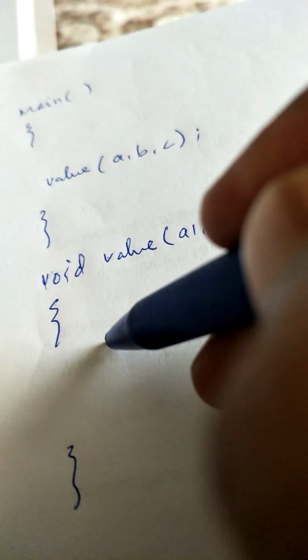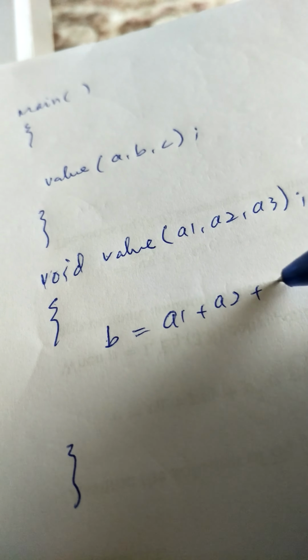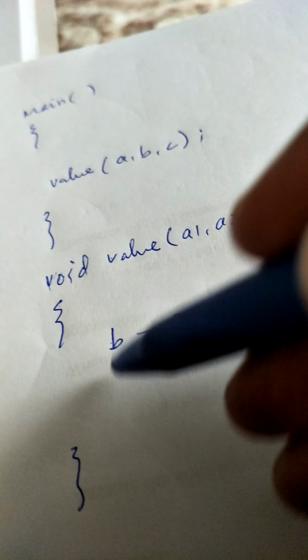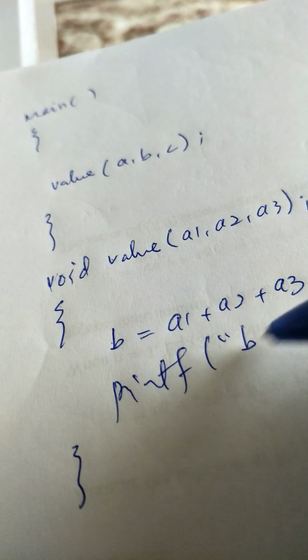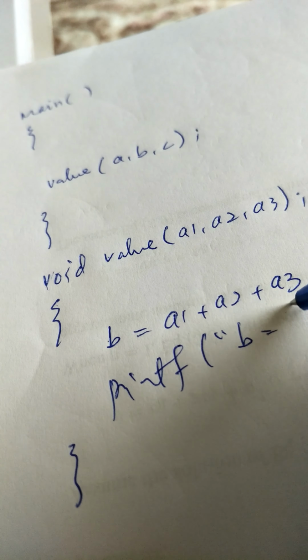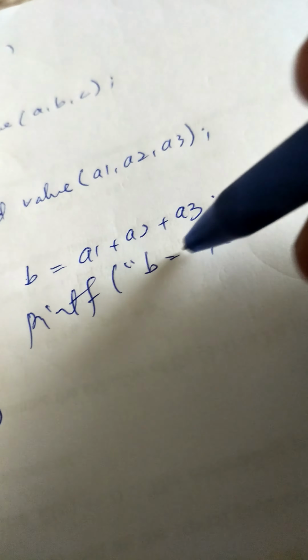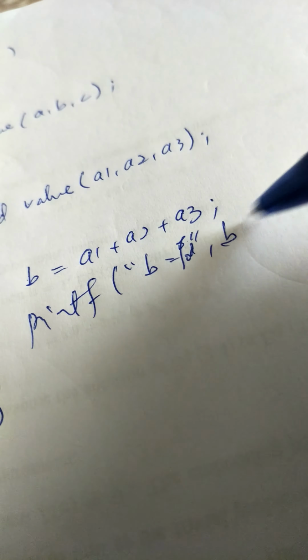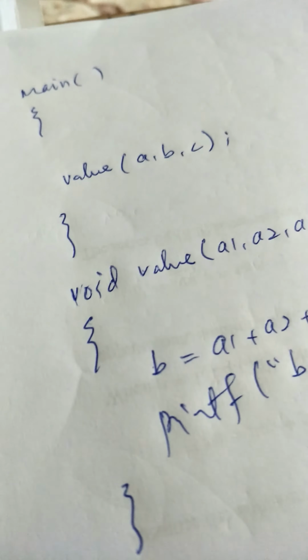Let's call B equal to A1 plus A2 plus A3, and then we print B. So in this case, we print the outputs.